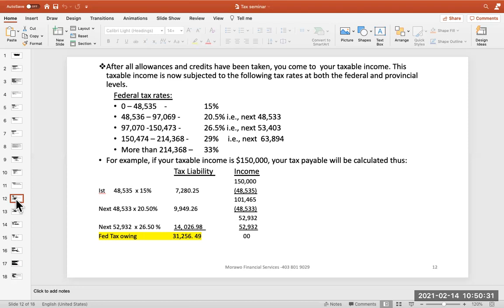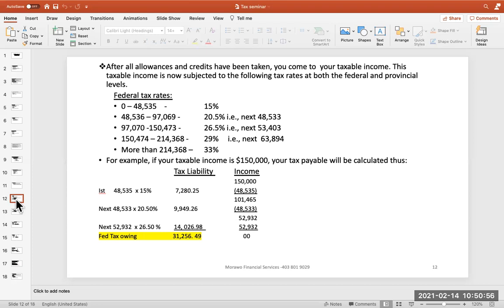Okay, the next $63,894, you pay 29%. Oh, you're very close to being a millionaire. So anything you earn more than $214,368, you pay 33%.